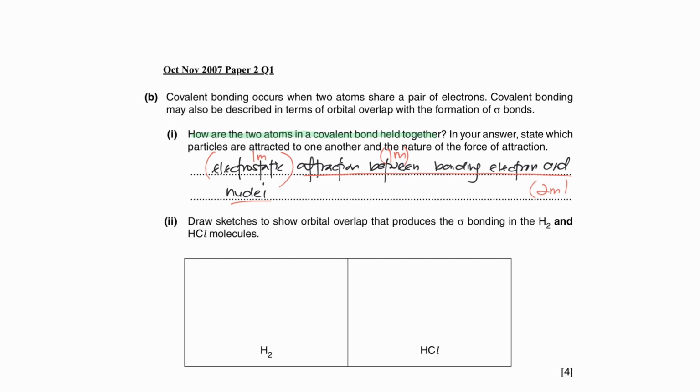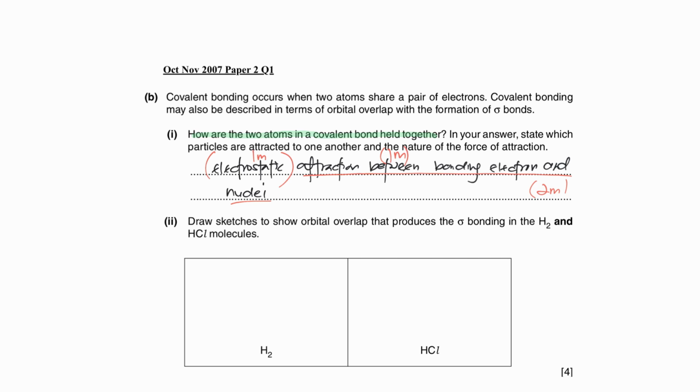Next, the question is to show the orbital overlap to produce a sigma bond in H2 and HCl molecules.